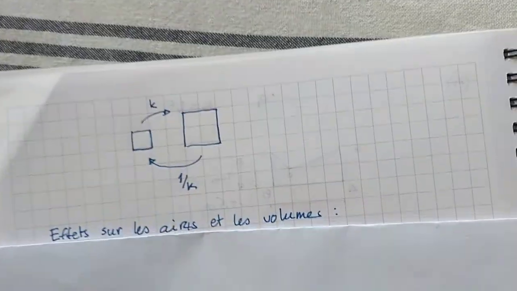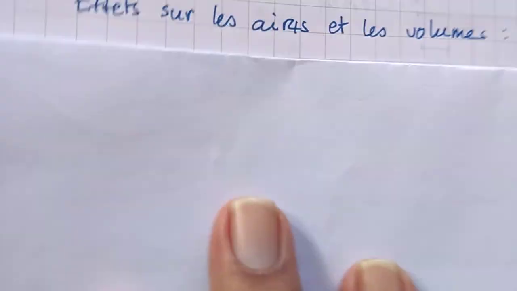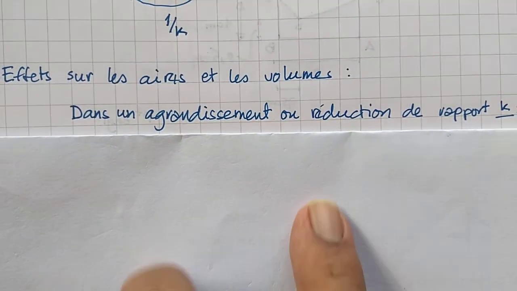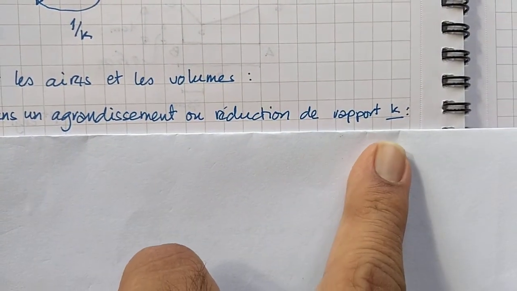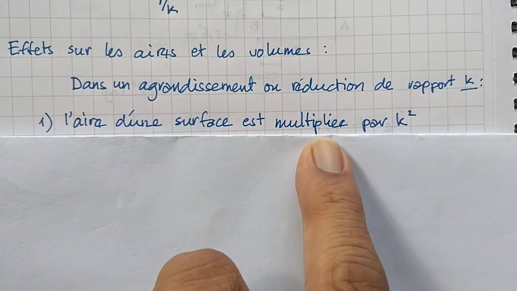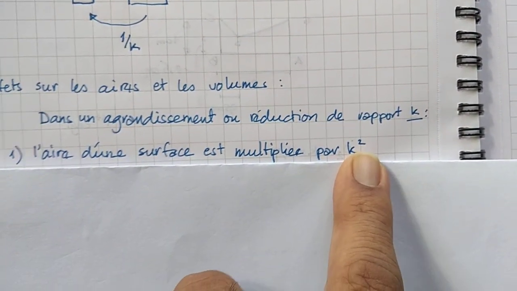Okay. Now we come to this part of the video. Effet sur les aires et les volumes. Dans un agrandissement ou réduction de rapport k, l'aire d'une surface est multipliée par k carré. It's not k, it's k carré. We'll explain what this is.